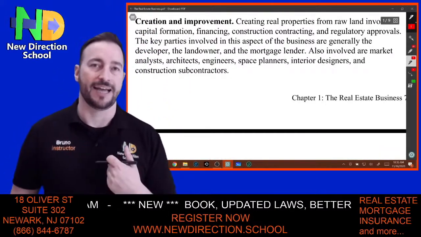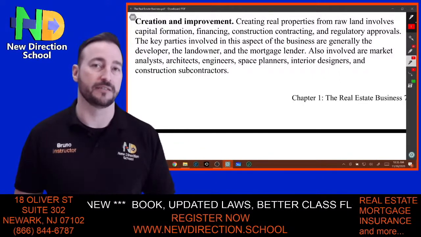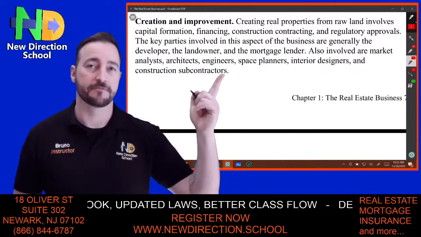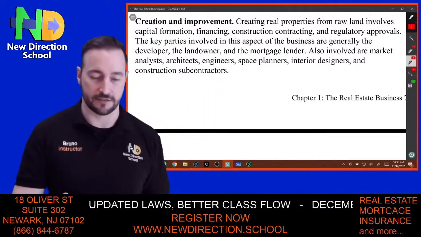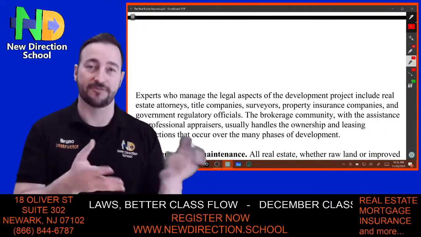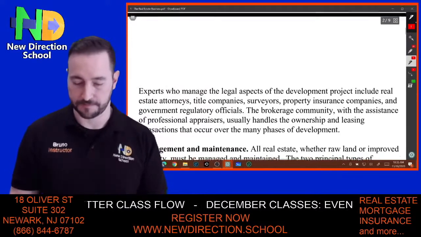So as salespeople, we don't participate much in the creation or improvement of real estate. It's not our part. But somebody had to sell the land to these people. That's our part, and we're going to see that in a little bit. And hopefully when they sell the land after improving, or after putting a building on it, hopefully they'll still use you.